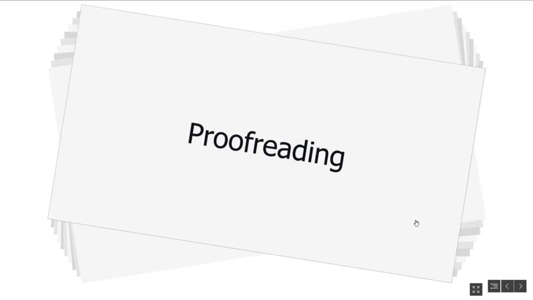Then after you have done all this, make sure you do proofreading. As I've said before, the grammar check and spelling check on your word processor is great, but it's not going to pick up words that are spelled correctly but used in the wrong places. So if you have issues with "than" and "then," your word processor most likely is not going to say that that's the incorrect word.